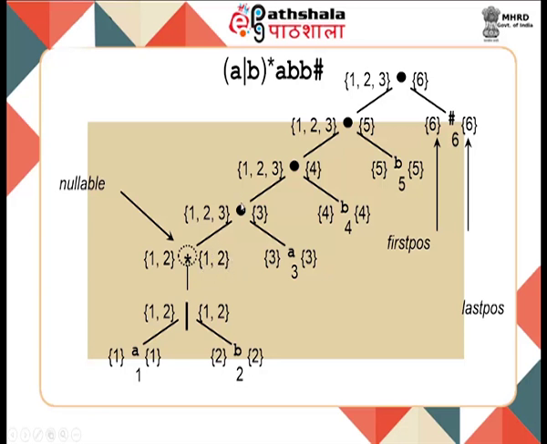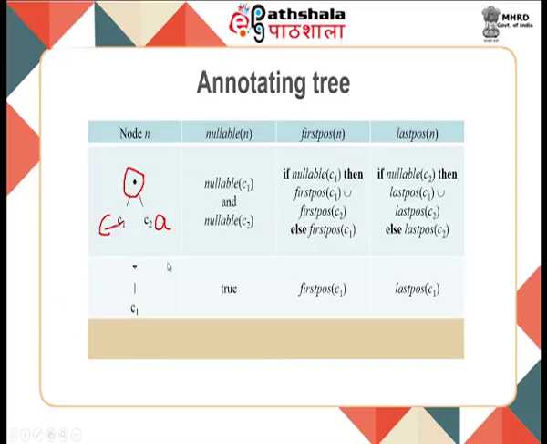Now only for the concatenation node we need to check whether the left child is nullable or the right child is nullable. We already know that none of the right children are nullable, A, B, B hash, none of them are nullable. Only that I have this node being nullable, because we already know a star node is nullable by default. Okay, a star node is definitely nullable.